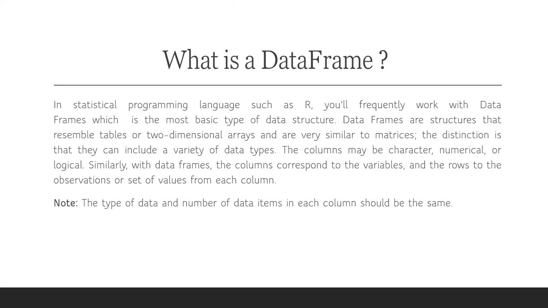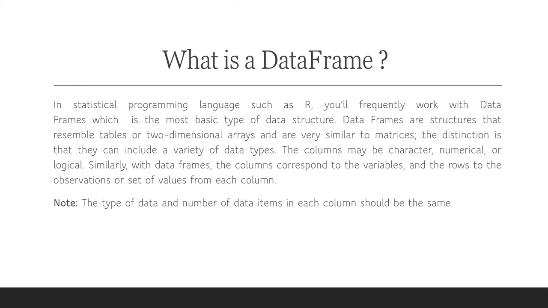In a statistical programming language such as R, you will frequently work with data frames, which are the most basic type of data structure. Data frames are structures that resemble tables or two-dimensional arrays and are very similar to matrices. The distinction is that they can include a variety of data types.